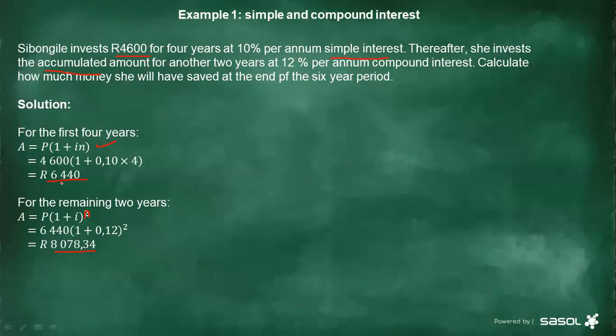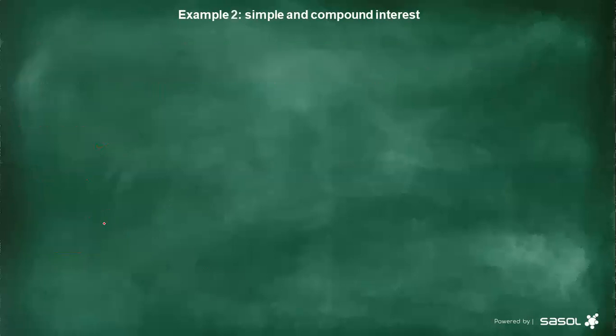This is the amount which was accumulated. Then we continue with this amount, not the one which was initially invested, which is 4,600. Okay, now let's continue and see what we are going to get after this.